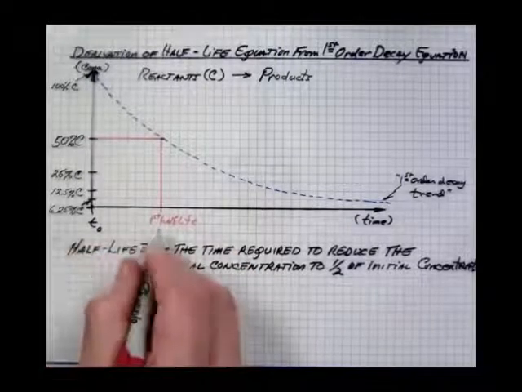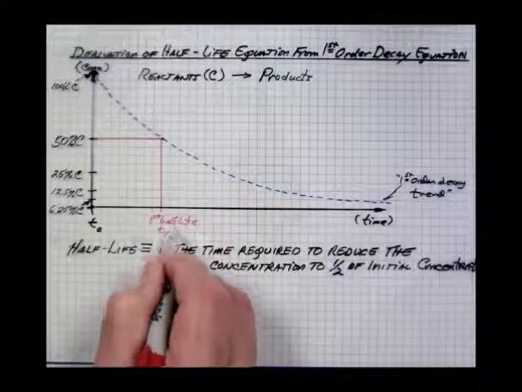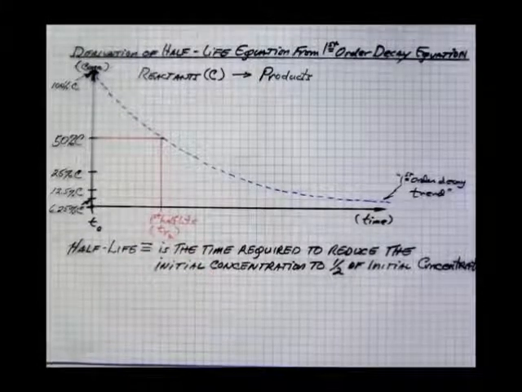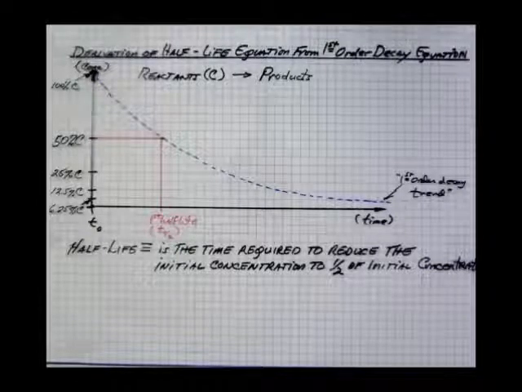Typically it is abbreviated simply as T subscript 1/2 when you calculate the first half-life.